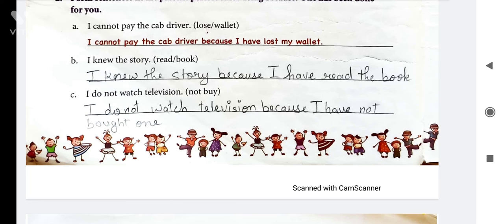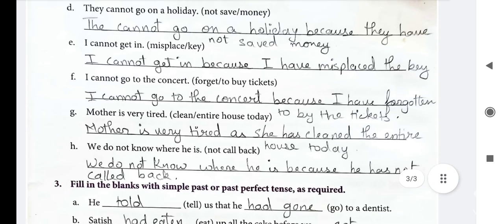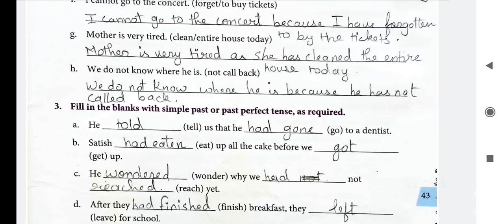For example, I cannot pay the cab driver. Why? I cannot pay the cab driver because I have lost my wallet. Have plus past participle.